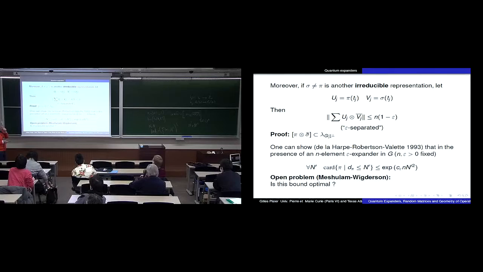problem is this. It turns out that there is a bound that you can show, which appears in a paper by Deléart, Robertson, and Valette, and also implicitly in an earlier paper by Simon Wasserman, and which is the following bound, which is written here, which I have to explain because it's important to get it right. It says the following. If you're in this situation, so you have an expander in your finite group. So you have a fixed degree, little n.